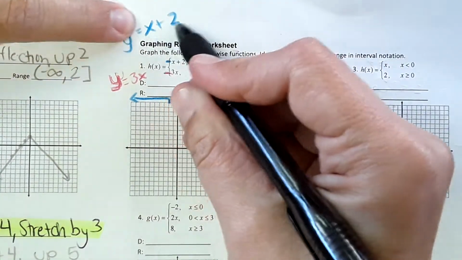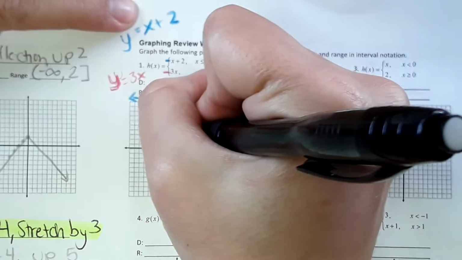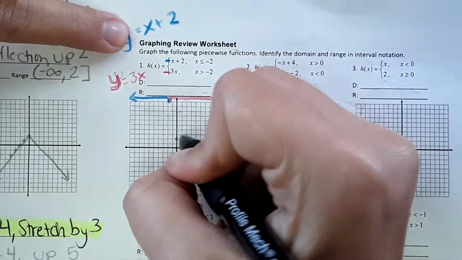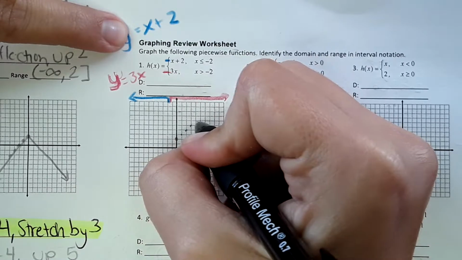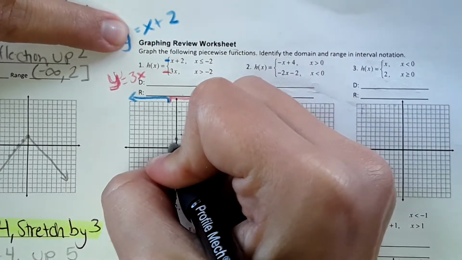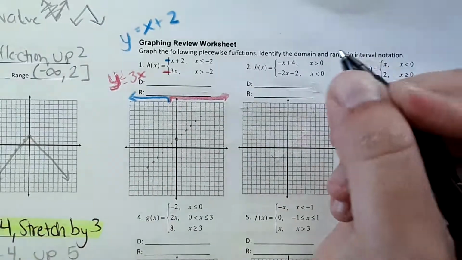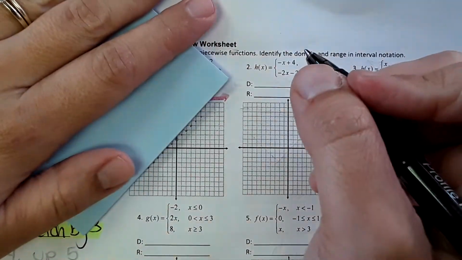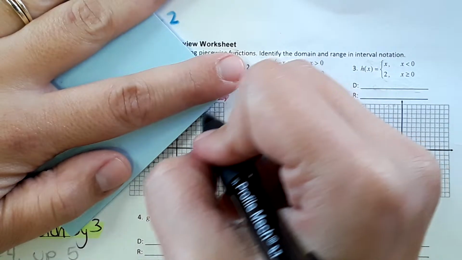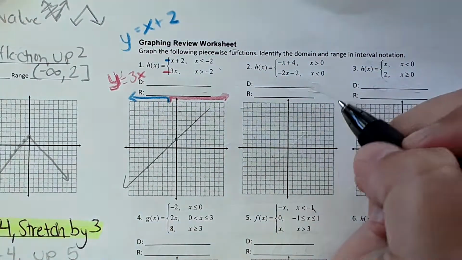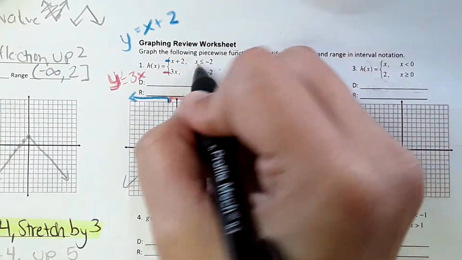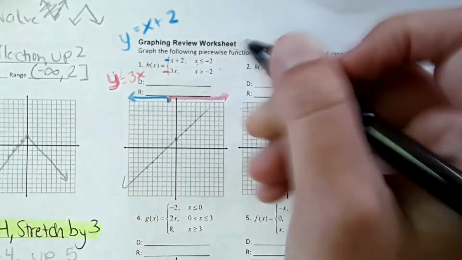So for my first one, y equals x plus 2. Y-intercept is at 2. The slope is 1, so it's going to continue upwards, up 1 over 1, also in this direction as well. I'm going to lightly graph this line. And then x is less than or equal to -2.